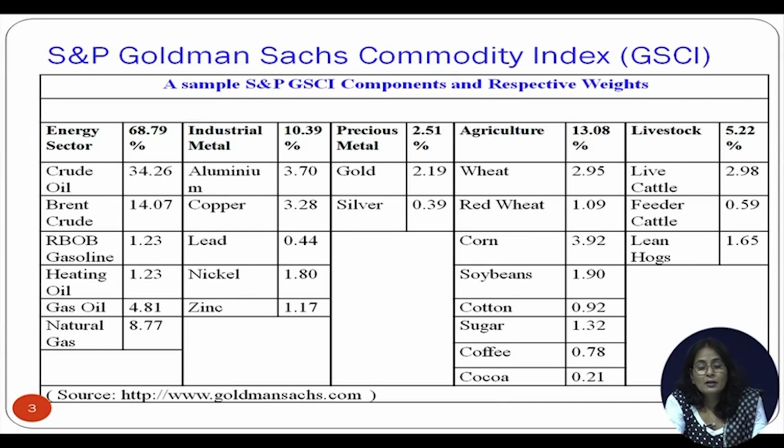And what is the difference? Live cattle are those cattle which are ready to be slaughtered and whose meat can be boxed and sold in supermarkets. These are basically the beef consumed by most American people. Feeder cattle are the calves which are not yet ready to be slaughtered.